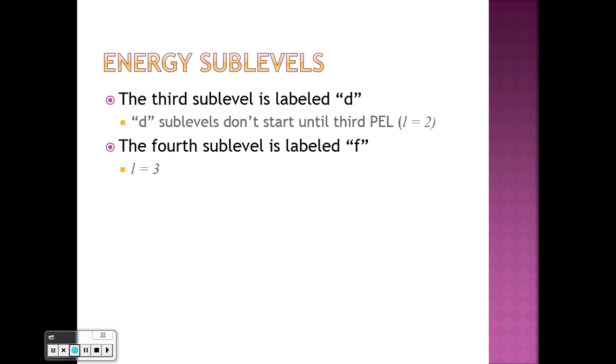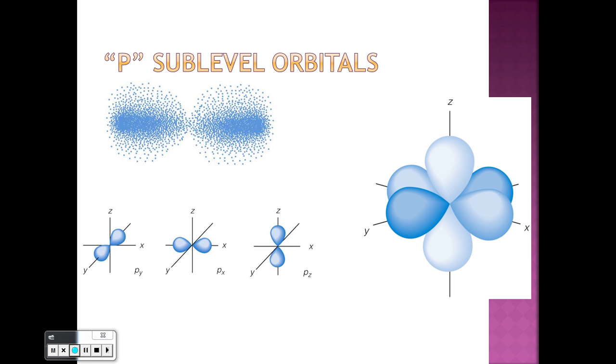So let's go back to this picture. This picture over here on the right shows the 3 p orbitals that would exist, let's say in the 2nd energy level. So these are all 2p orbitals. But we have to be able to tell one from the other if we're describing the orbitals.